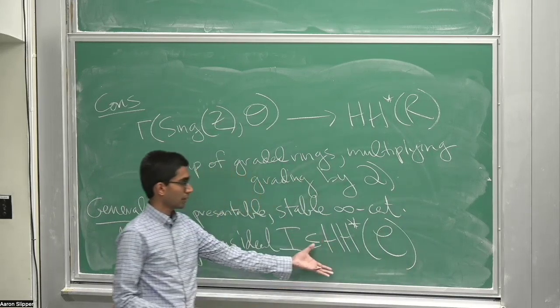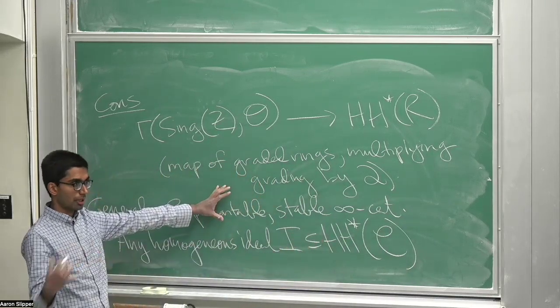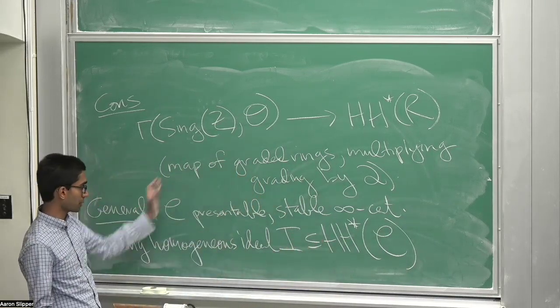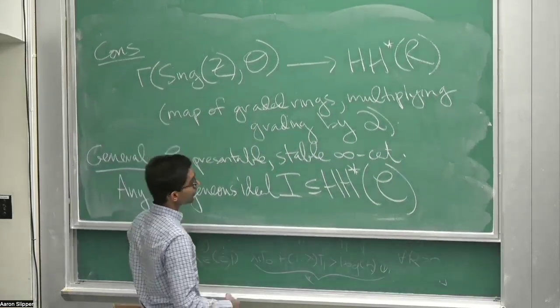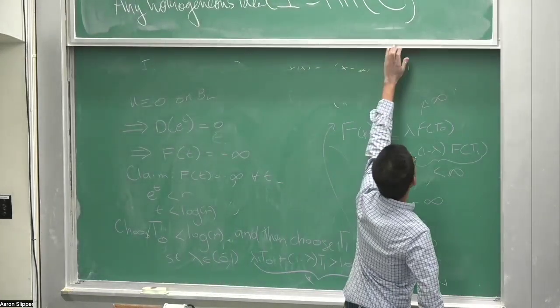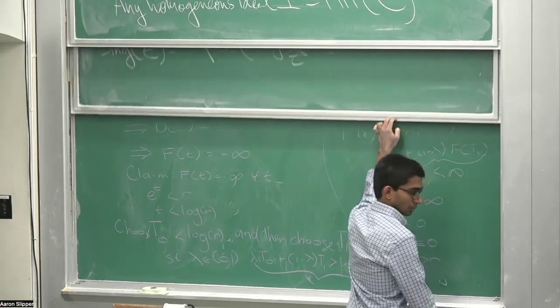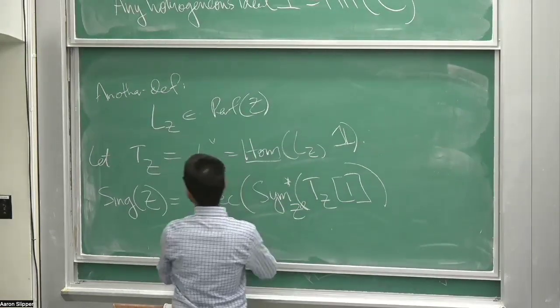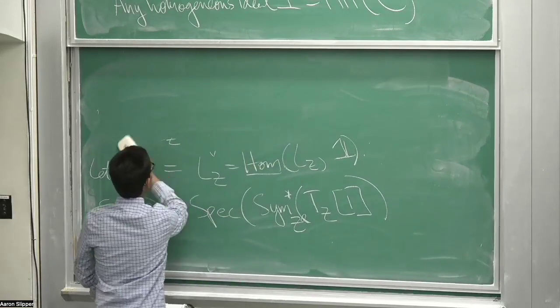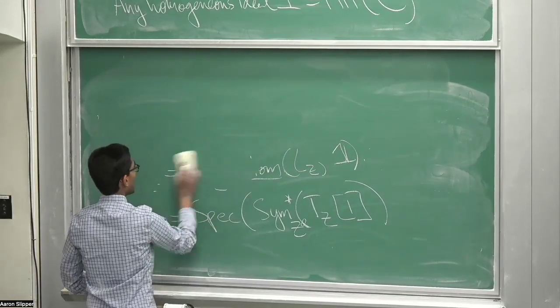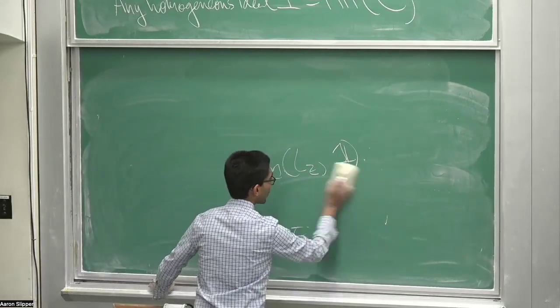The Hochschild cohomology of C, by definition, consists of endomorphisms of the identity functor, so they act on any object. And it's going to define a localizing subcategory.